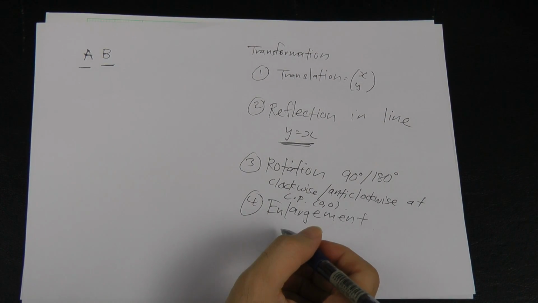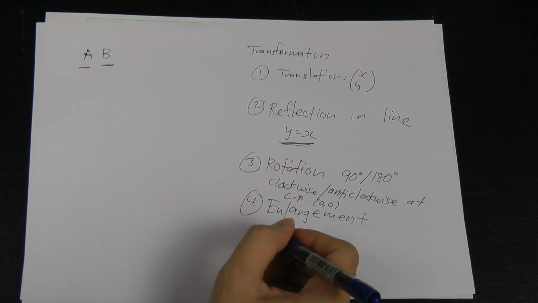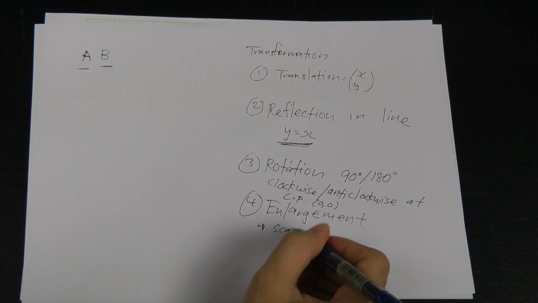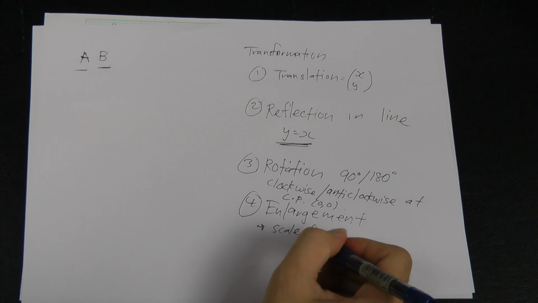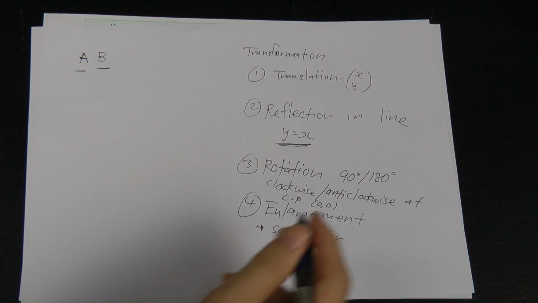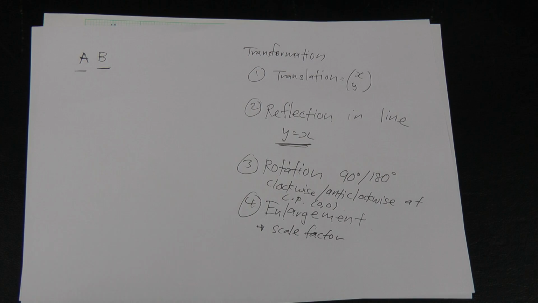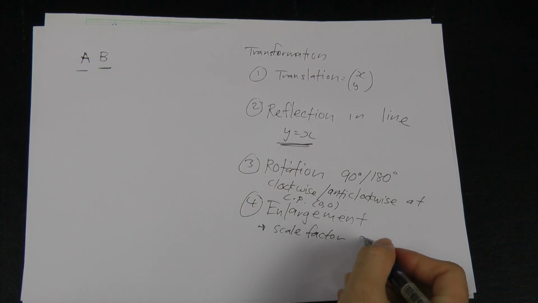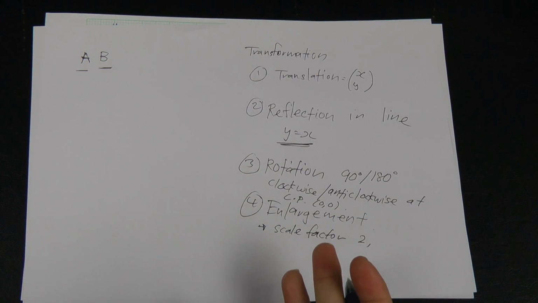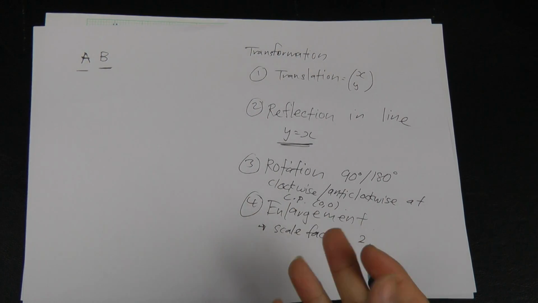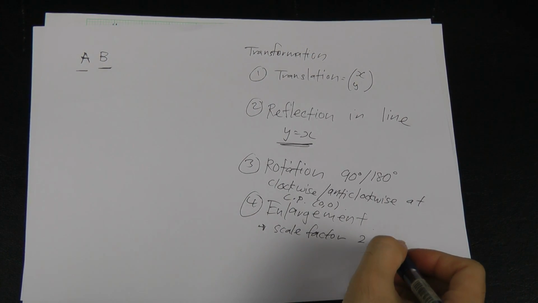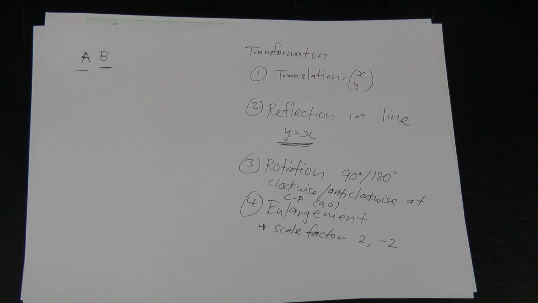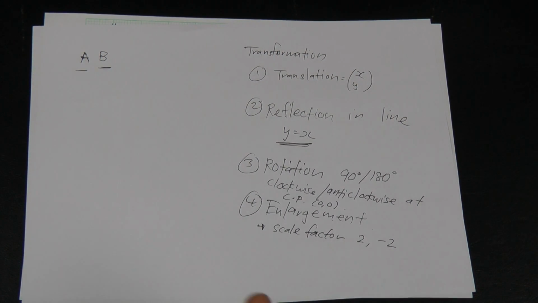Alright, for enlargement, first you have to have the scale factor. You must be very careful with it. Whenever you have 2, it means the object is enlarged. If you have -2, it still means the object becomes bigger, but in the opposite direction.